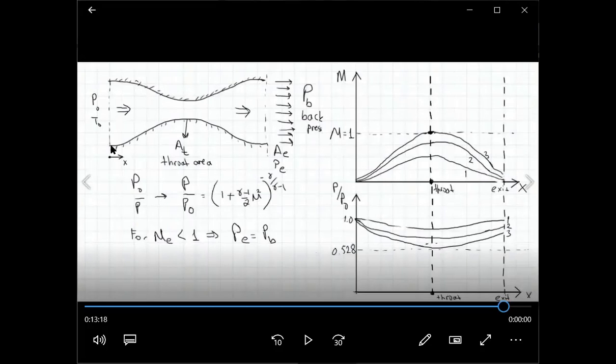At those very low Mach numbers, static pressure and stagnation pressure will be very close to each other. So in the current discussion, we are basically idealizing this.